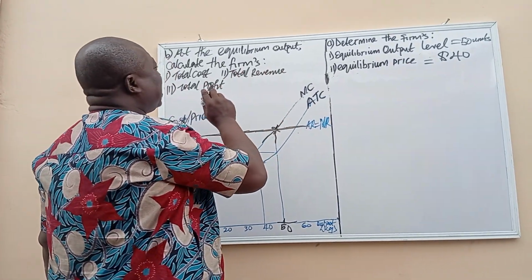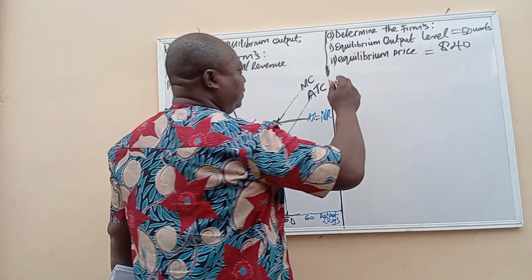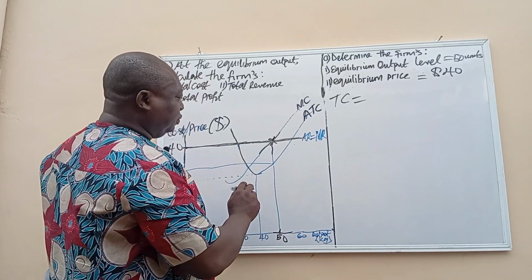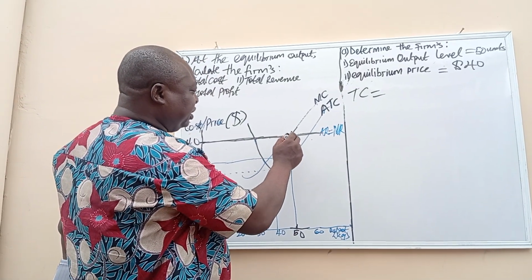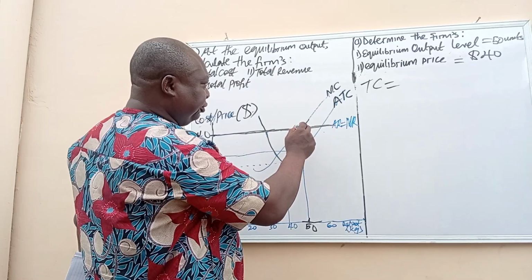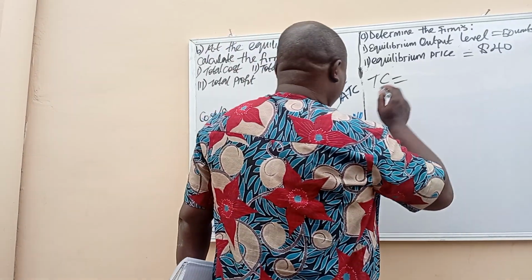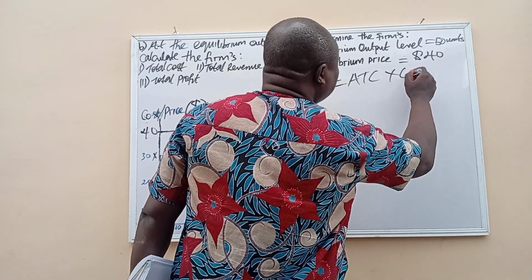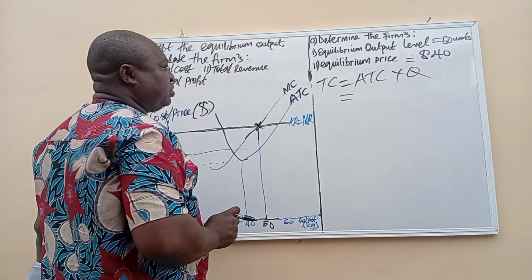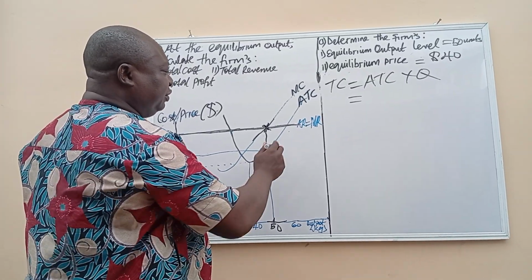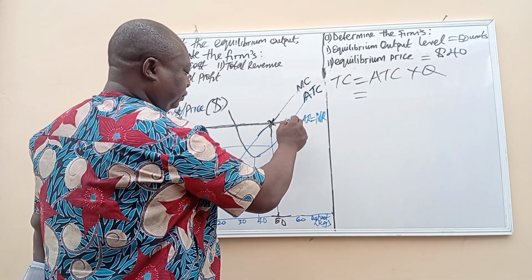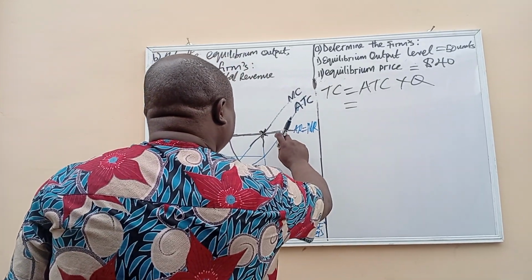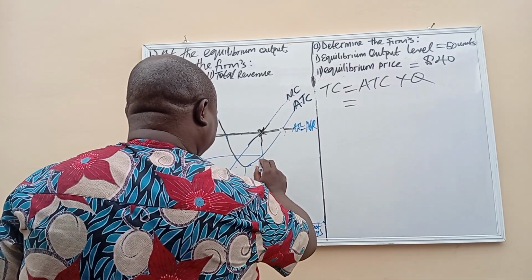At the equilibrium output, calculate the firm's total cost. How do we get total cost? This is the point of intersection. We don't need this. What we need, the formula is average total cost times output to get total cost. So average total cost is this, but this is not the point of intersection.